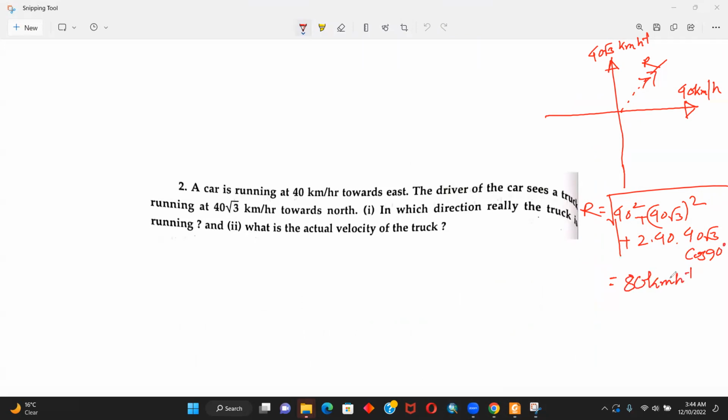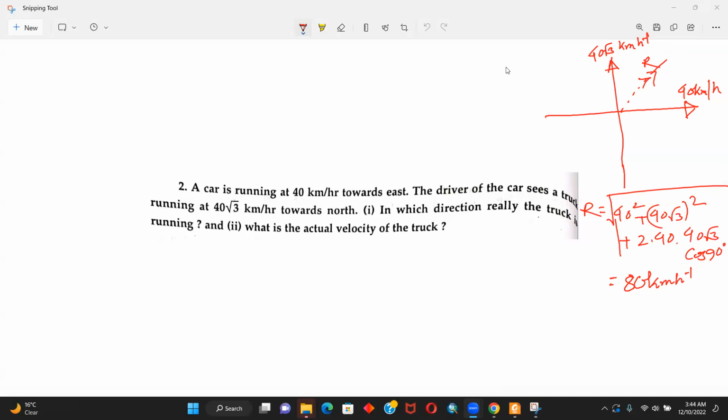Are you understanding what I'm doing? Not so much on the sine 90. Okay, so if I explain this to you, as you have not read about relative velocity at all.